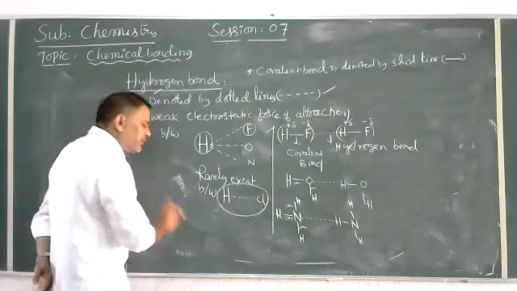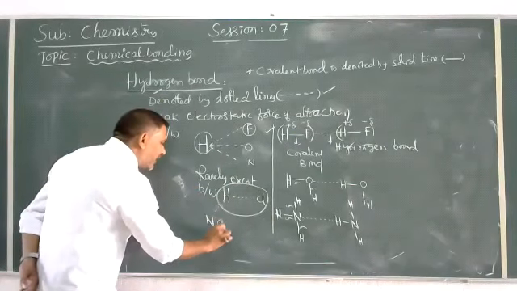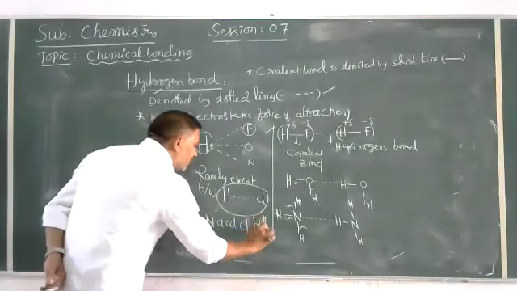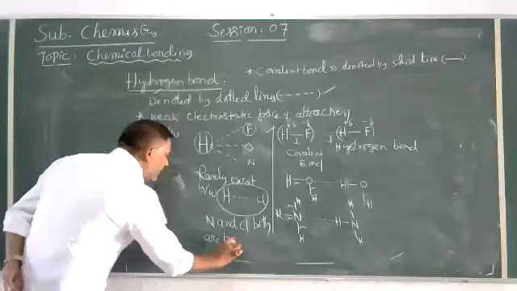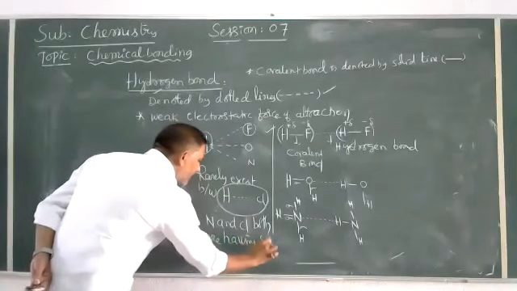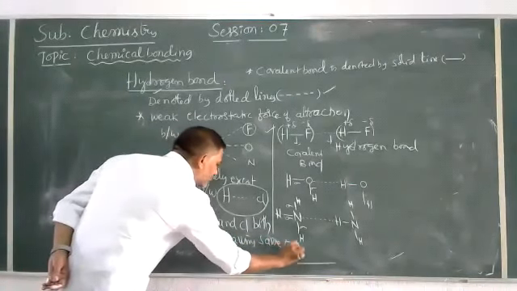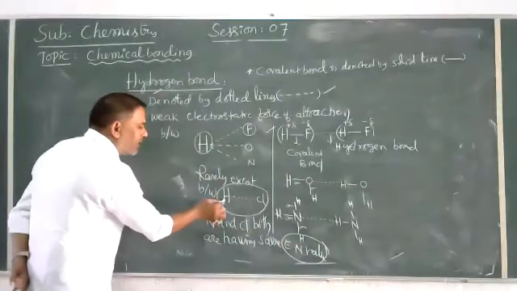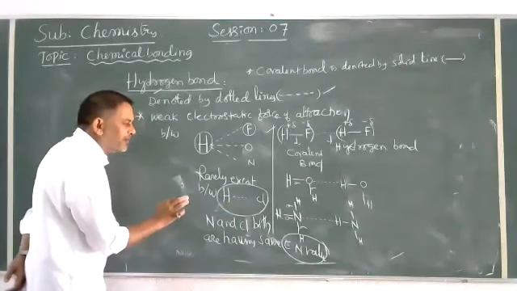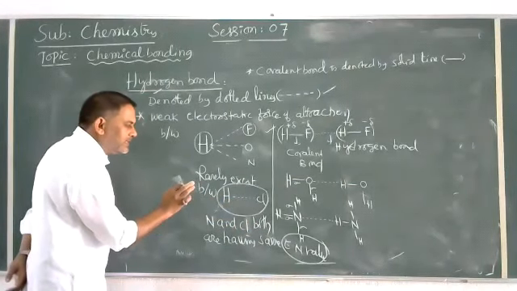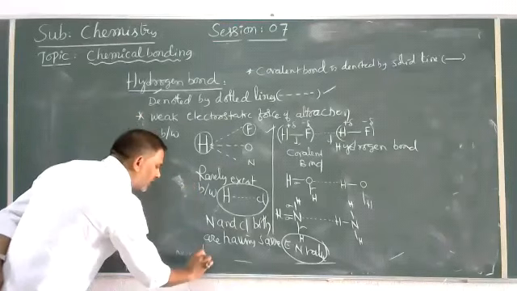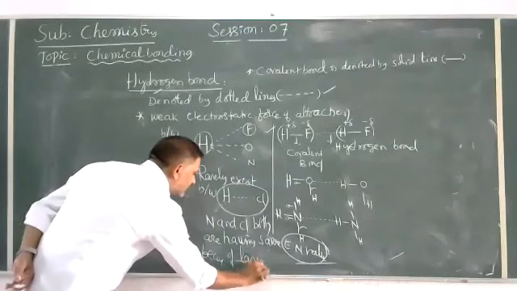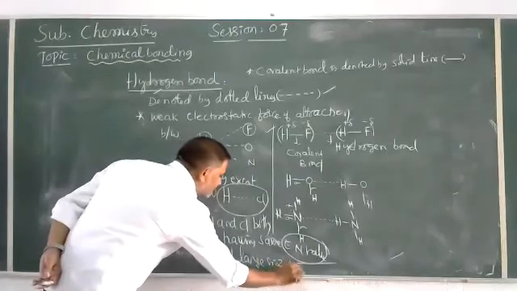Even though chlorine and nitrogen both have the same electronegativity values, the hydrogen chlorine bond is not a 100% existent bond, because of the large size of Cl.